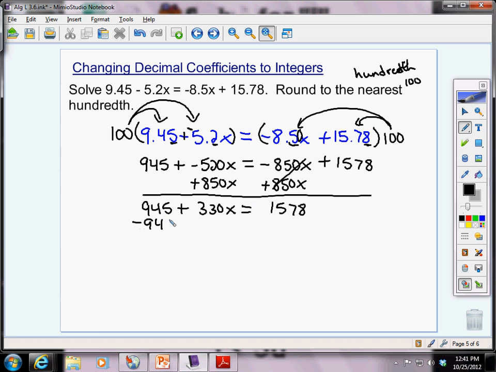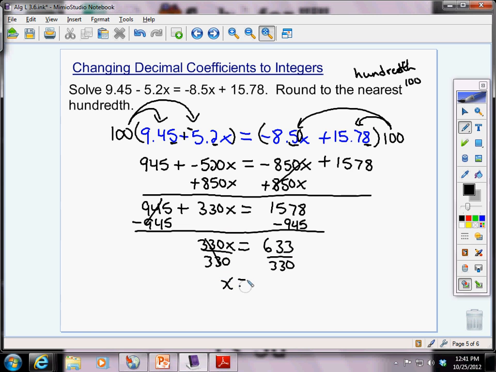Subtract now 945. These steps should be coming easier to you the more we do them. That cancels. We're left with 330 times x equals 1578 minus 945, which is 633. Divide both sides by 330.